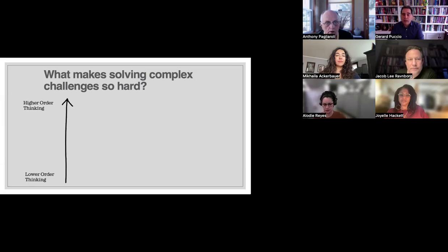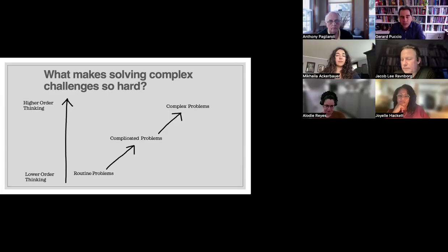So what makes solving complex challenges so hard? Let's think about thinking and cognition and recognize that there are a range of forms of cognition in terms of complexity in regard to the kind of thinking that we engage in, from lower order thinking to higher order thinking. And when we consider the challenges that we're working on, they will pull on different degrees of complexity in thinking.